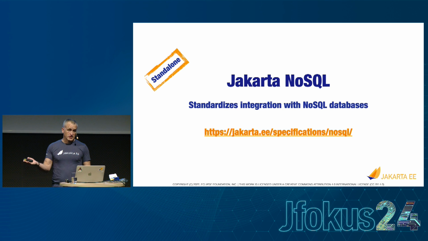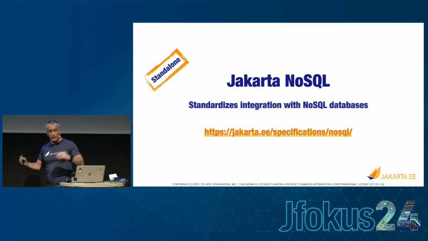We're hoping for Jakarta NoSQL to be a prospective specification as well. But they haven't released a final release yet, and that is a requirement for a prospective specification. So they are at a beta 3 or something. So if they do a 1.0 before summer, we can add it as a prospective specification, because this is fairly cool as well. And it plays along with Jakarta Data. Eclipse JNoSQL, not to be confused with Jakarta NoSQL, because Jakarta NoSQL is the specification.